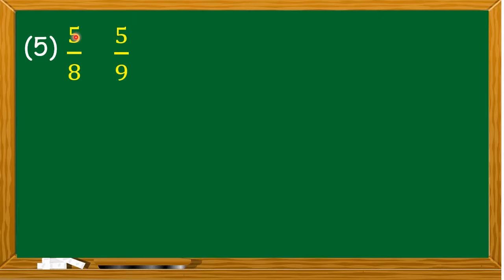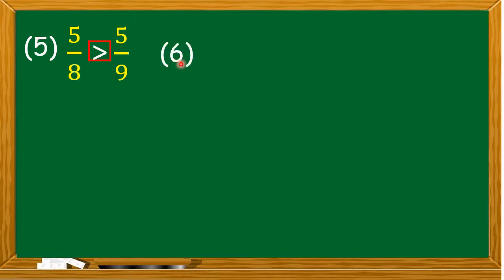So we compare the denominators of these two fractions, and the fraction with greater denominator will be the smaller fraction. So here the denominator 8 is smaller than the denominator 9. Hence, the fraction 5 upon 8 is greater than the fraction 5 upon 9.